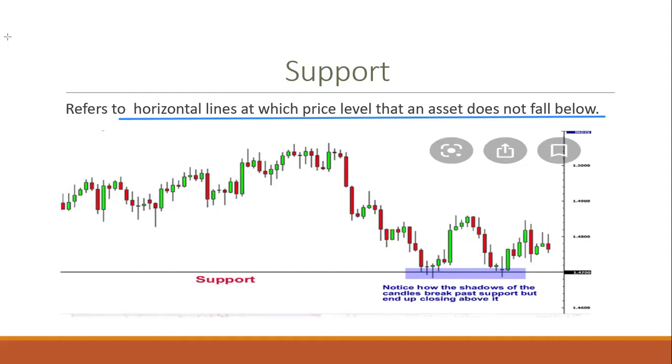So if we look at this level, the price was falling, and then when it reached this level, it stopped falling and started to rise. It was being supported. And then when it came back to this level, the price stopped falling again and started to rise.